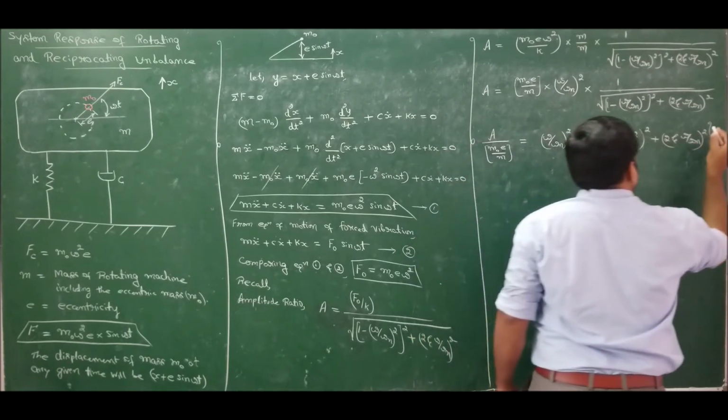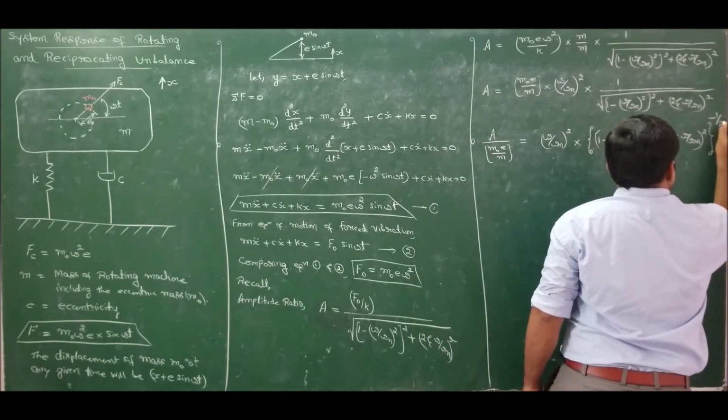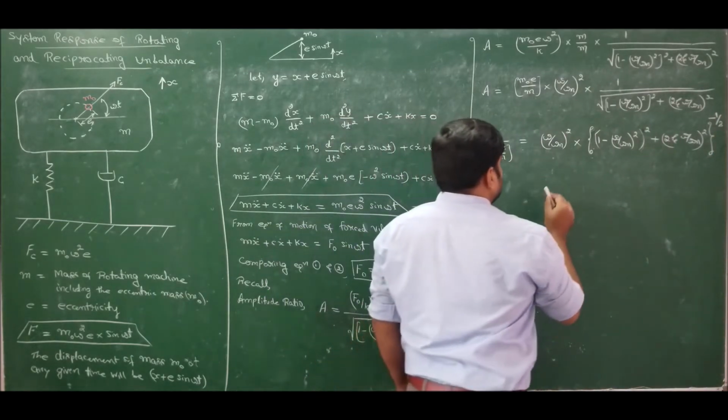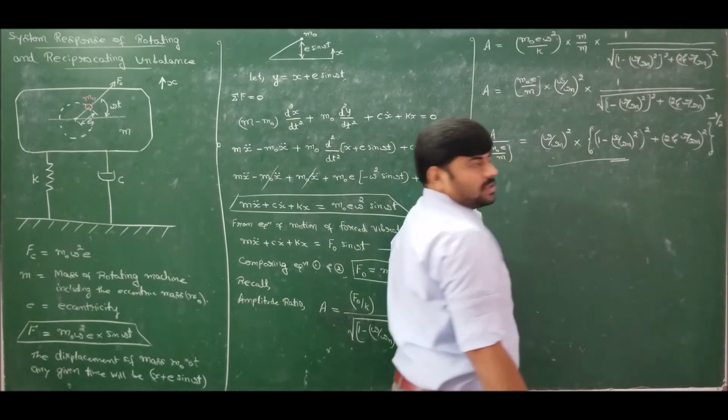So if I take it to the numerator, it will become minus 1 by 2. Very, very important. Minus 1 by 2. So I got the equation for amplitude.